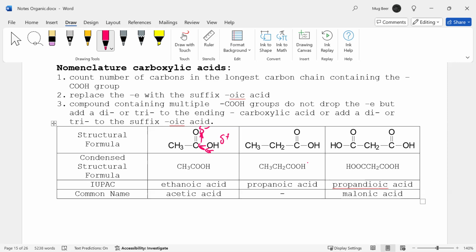Has anybody used malonic acid? Anybody taking care of a hot tub or a swimming pool? Probably was just named as like shock or pH treatment or something like that. But malonic acid will be in there, and it's nice because it's got double the acid ability, one on each side.